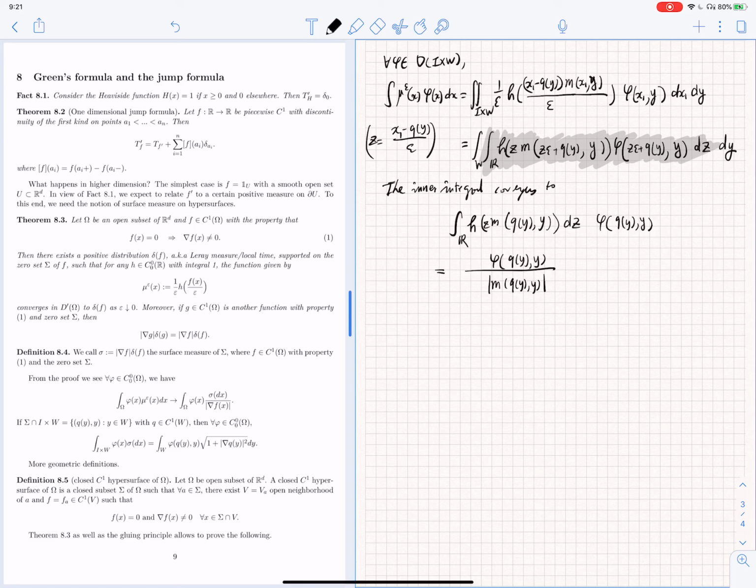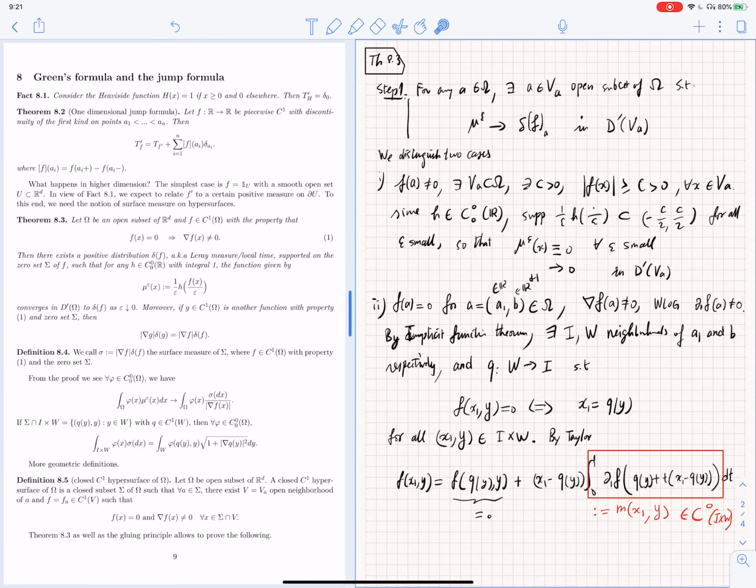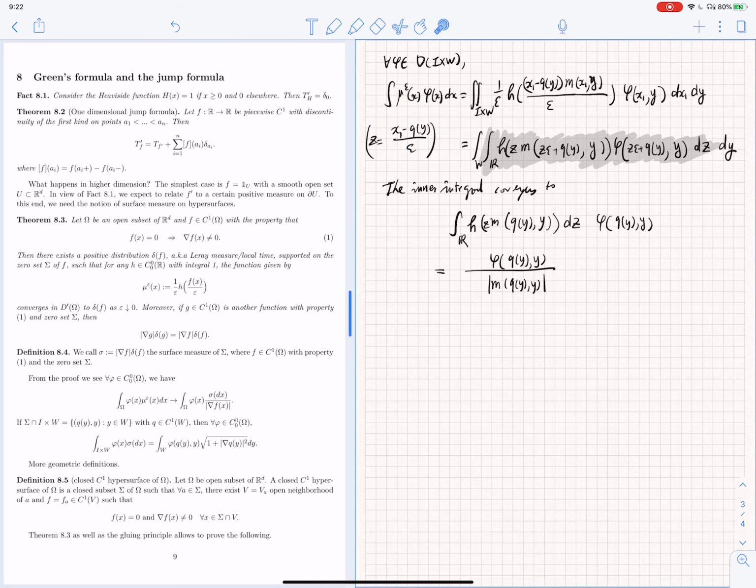Okay, and let me recall what m is. m is this function over here. It's the integral of this partial 1 f. And when x1 is taken to be q of y, this guy disappears, and then we have just d1f of q of y.